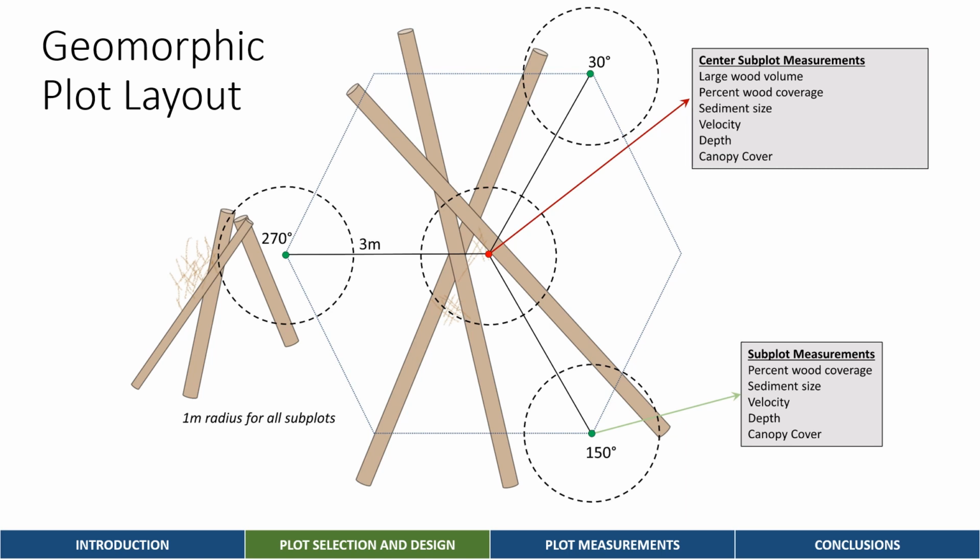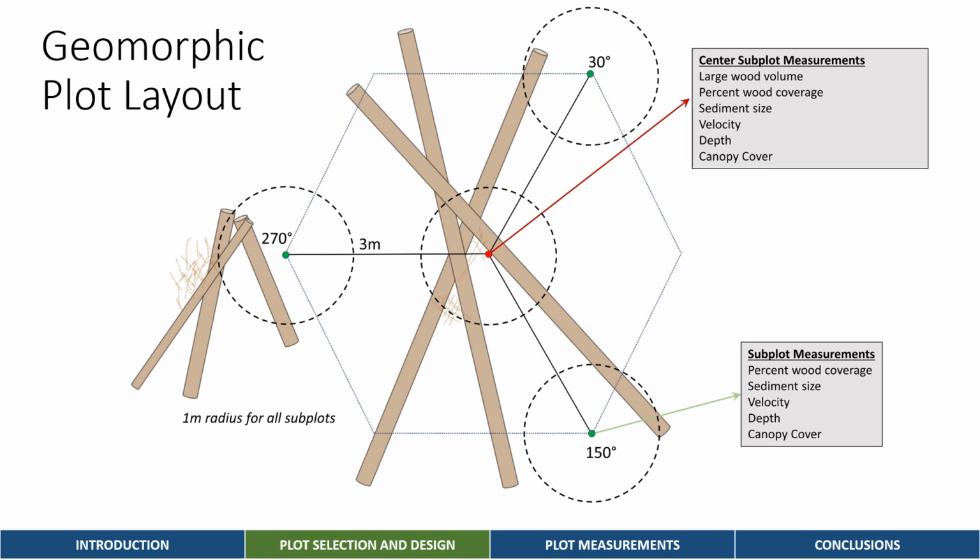For setting up the plots, after you measure your center subplot, lay out a tape for 3 meters in the 30, 150, and 270 degree azimuth directions. And these just create a consistent orientation for the field plots, and they also allow the exterior subplots to be evenly spaced from each other.